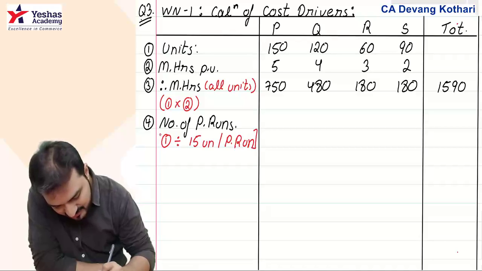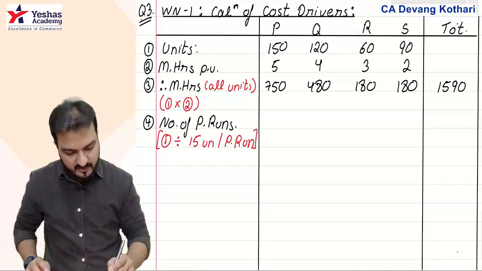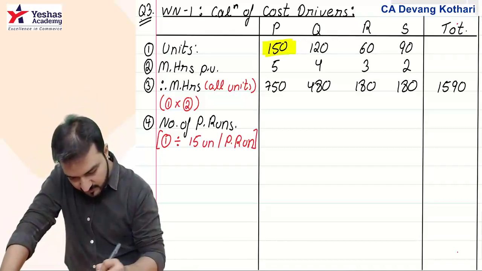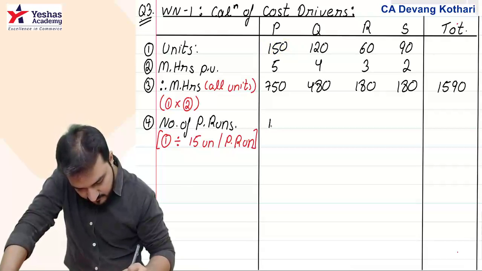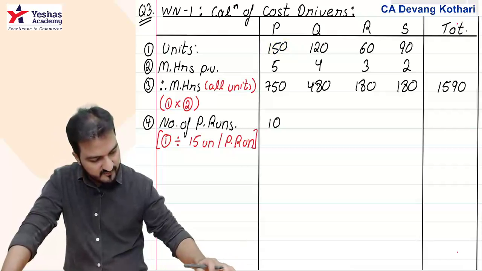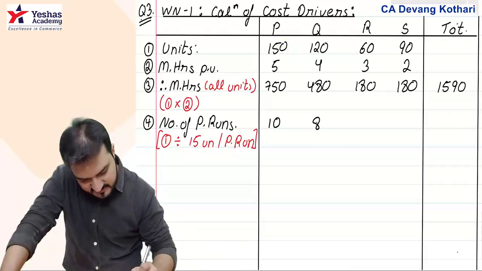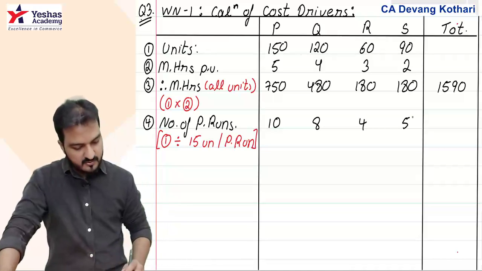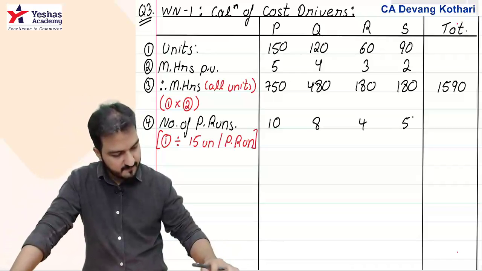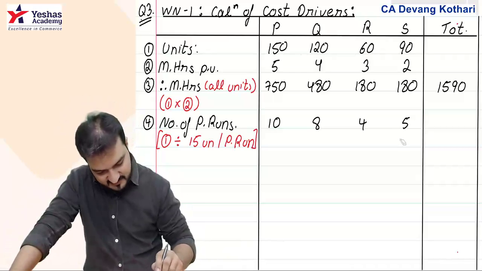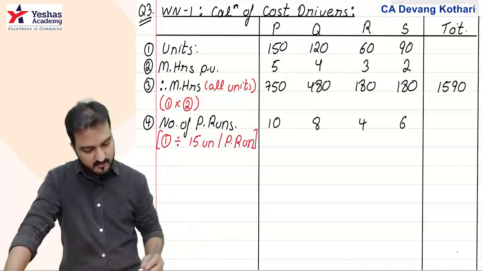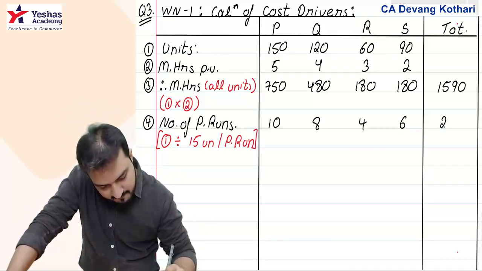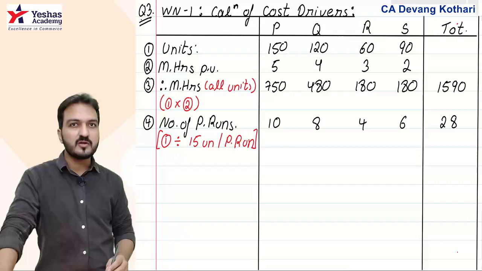So in product P for 150 units, 150 divided by 15 is 10 times. 120 divided by 15 is 8 times. 60 divided by 15 is 4, and 90 divided by 15 is 6. Add them up: 6, 4, 10, and 10, 20, 28. 28 is my total number of production runs.